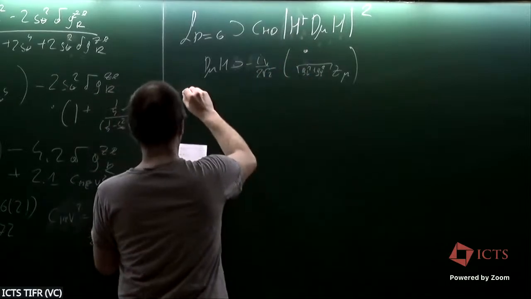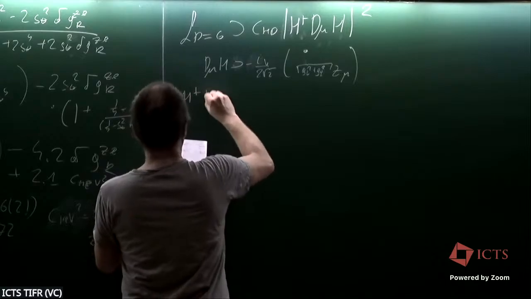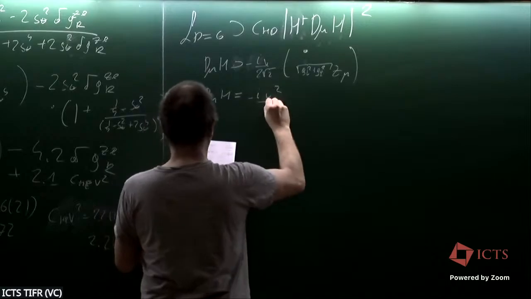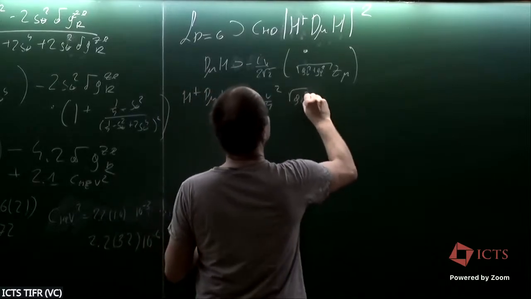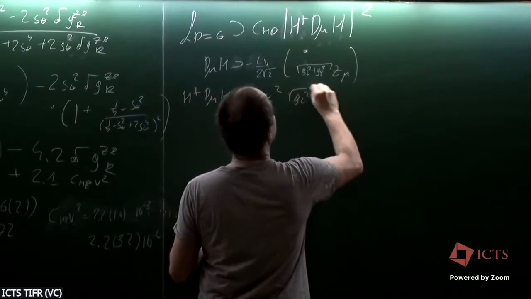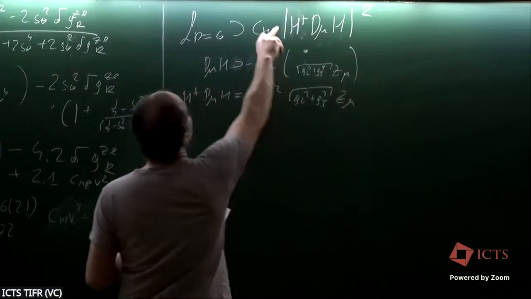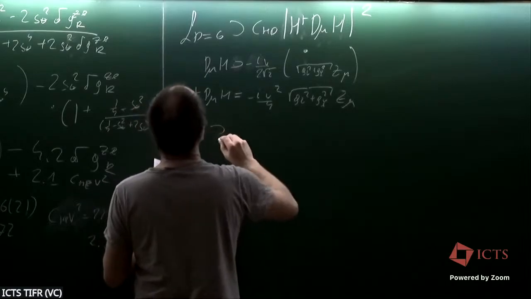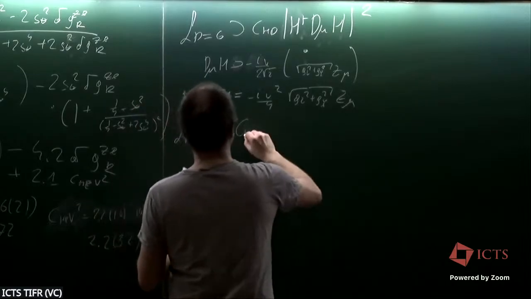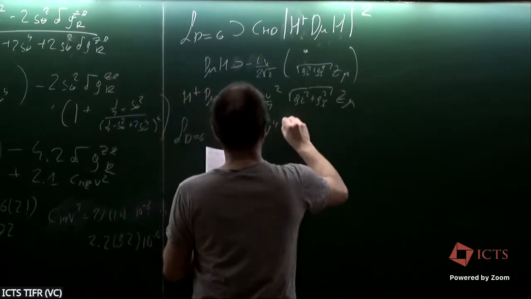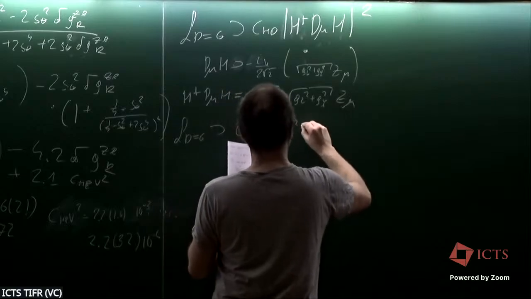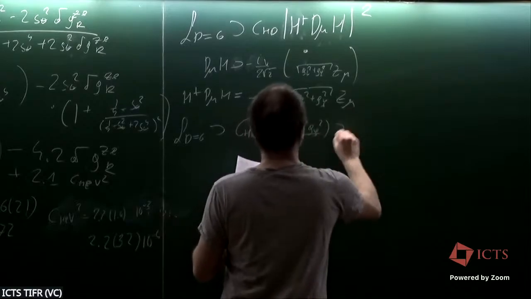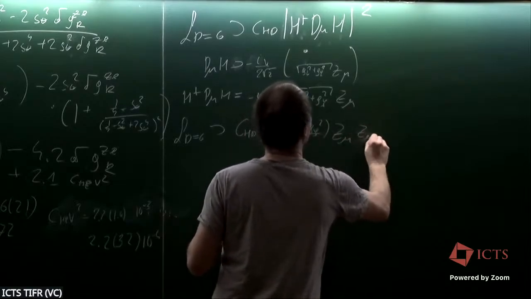You're getting that H dagger D mu H is minus I V squared over 4 square root of GL squared plus GY squared Z mu. So the dimension 6 Lagrangian will contain CHD V to the 4th, GL squared plus GY squared over 16, Z mu Z mu.